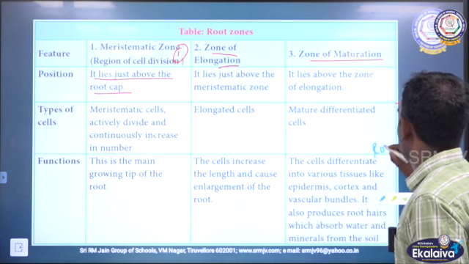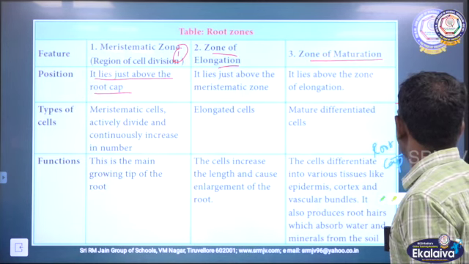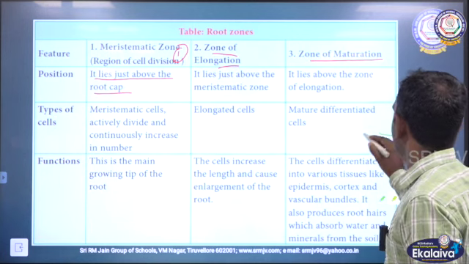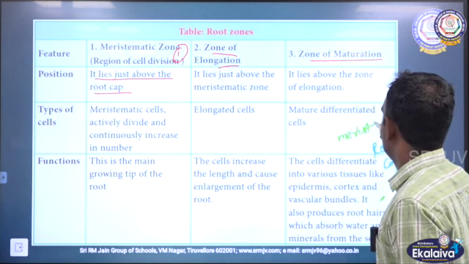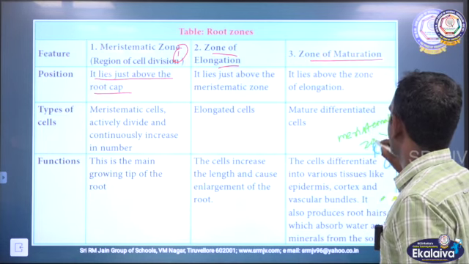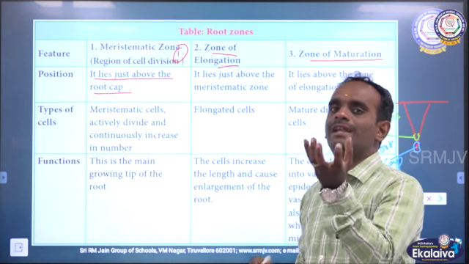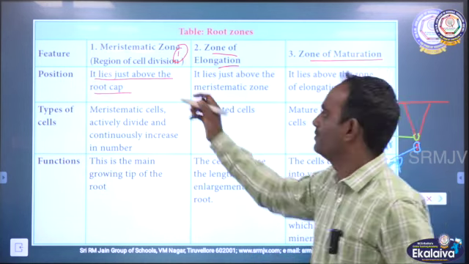This is root cap. This region is called meristematic zone. This meristematic zone lies just a few millimeters above the root cap.